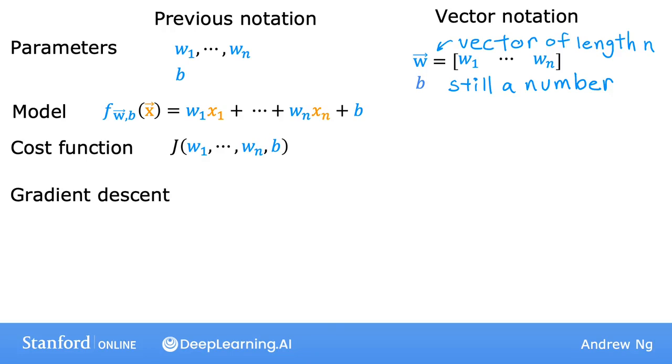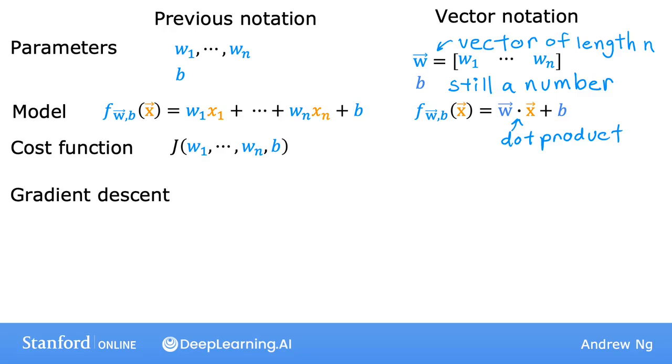Whereas before we had defined multiple linear regression like this, now using vector notation, we can write the model as f sub wb of x equals the vector w dot product with the vector x plus b. And remember that this dot here means dot product.